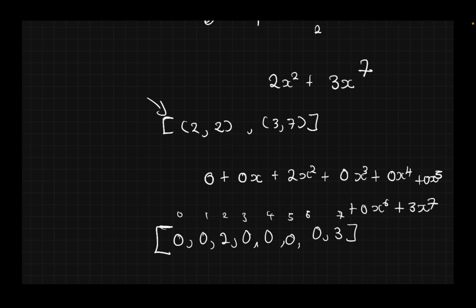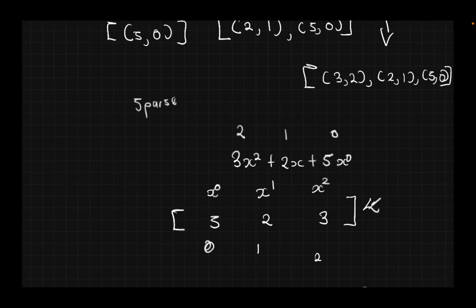Okay, so you have a polynomial, let's say 2x squared plus 3x raised to the power 7. You can evaluate at any value of x. But now we have figured out a way to represent it in code, using this array of tuples. The question now is, given this representation, how can we implement the evaluate function that takes the value of x and gives you the result?